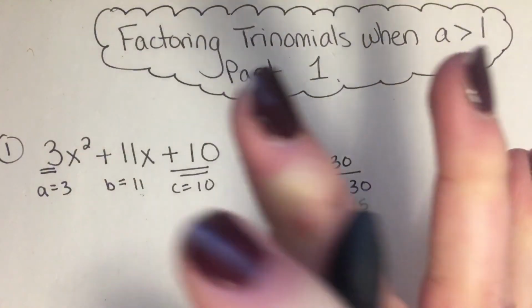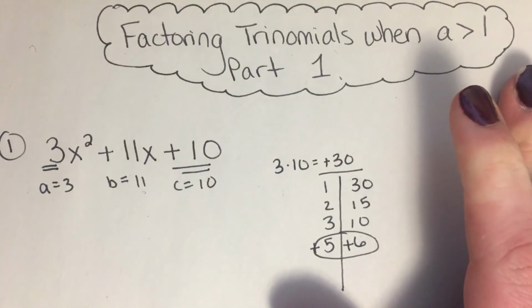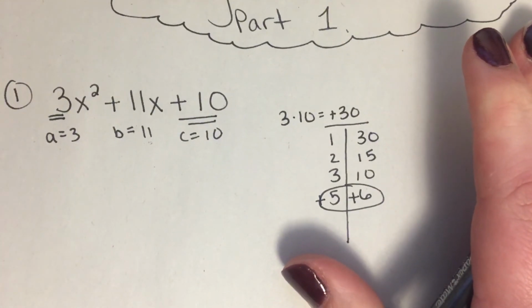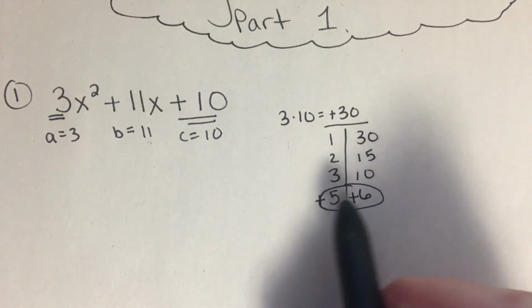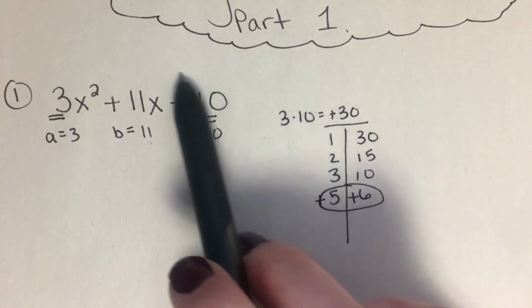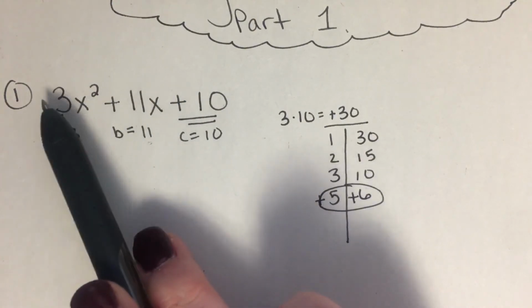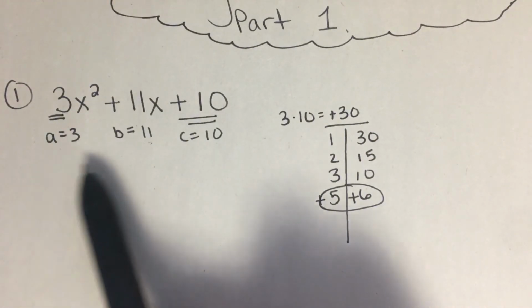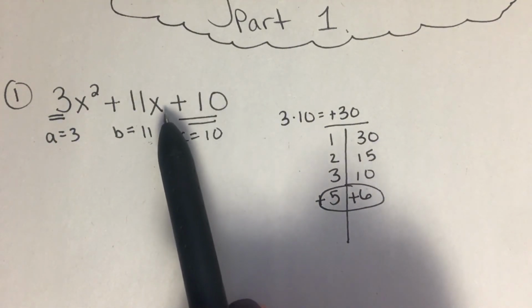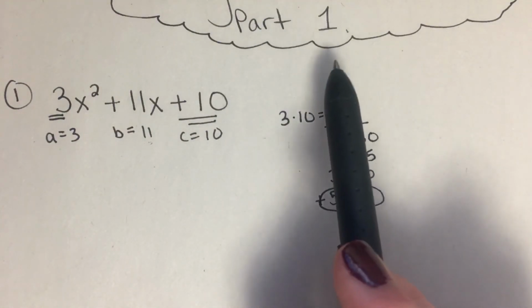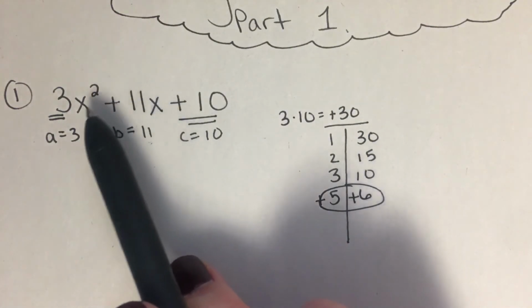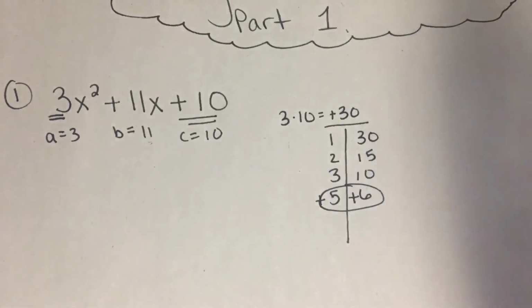So this is where it really differs from factoring trinomials the regular way. Now that we have this 5 and 6, we're actually going to recreate this trinomial as a 4-term expression. Basically, remember when we multiply it out and then we have to combine like terms? Well, we're going to do that in the reverse way.